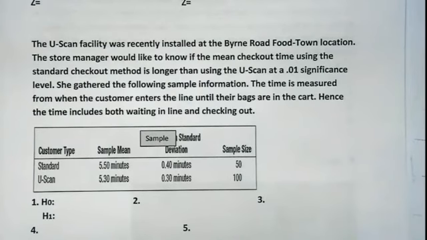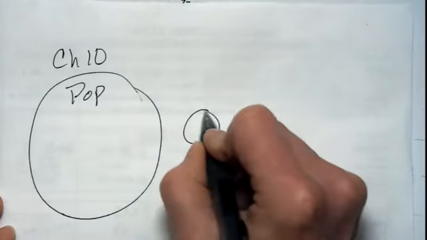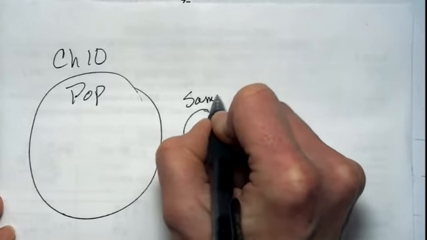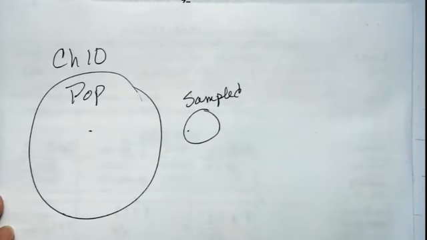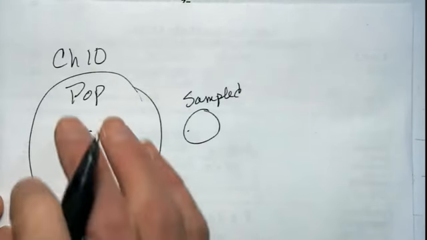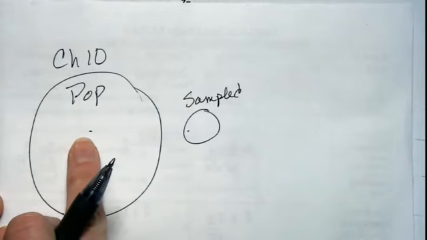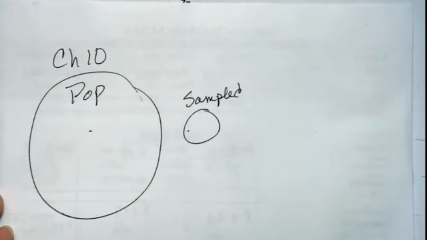What's different about chapter 11 from the other chapter is in chapter 10, I had a population and I sampled to see if that was true. Okay? And I accepted what the population said or I rejected it.